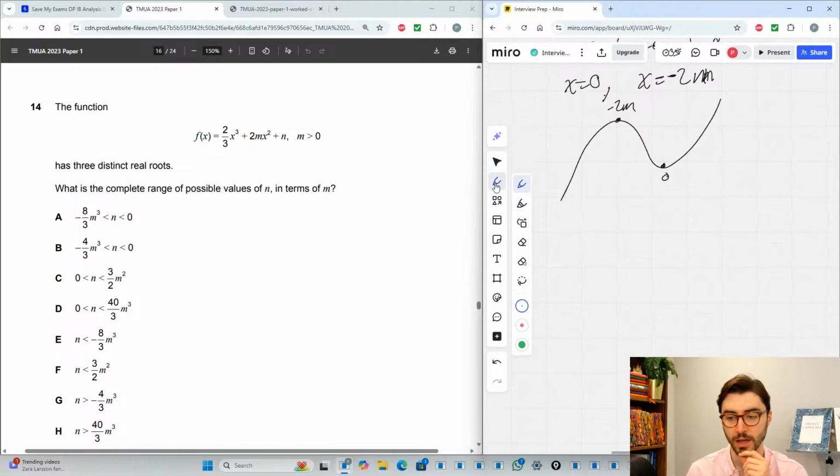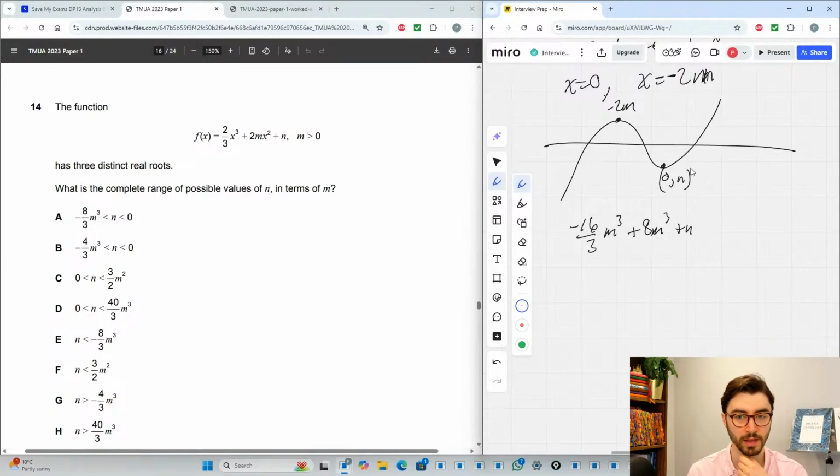So if I plug in minus 2m, this value becomes minus 16 over 3 m cubed, plus 4m squared, plus 8m cubed, plus n. And this is 0, n.